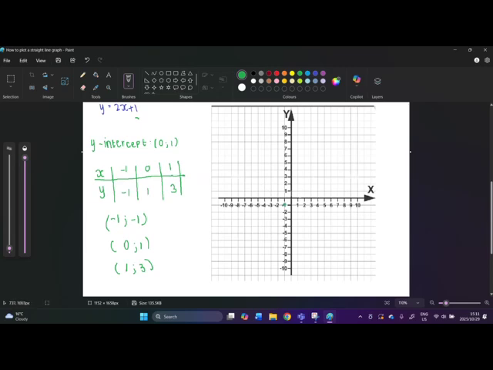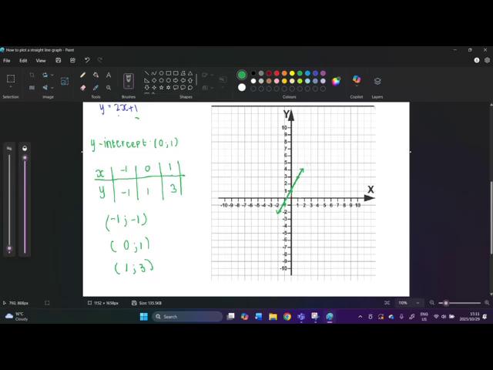When x is 0, y is 1. And when x is 1, y is 3. Okay, let's draw a line through those points. See how that's a straight line? It has a positive gradient, which makes sense because the line is going upwards and the 2 is positive, right?